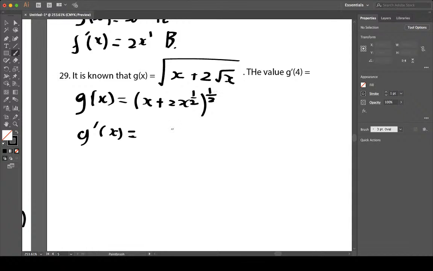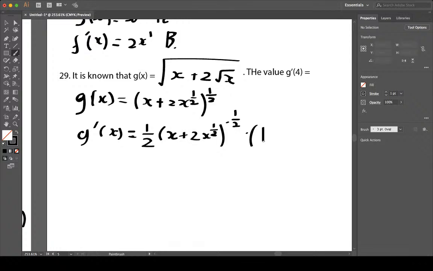So you just go ahead and do the chain law. That's 1 times half, that's half. Multiply that by the same function as before, x plus 2 times x to the power of half, to the power of negative half. And then after that, you want to multiply it again by the derivative of this guy, which is basically, let's put a cage, x.